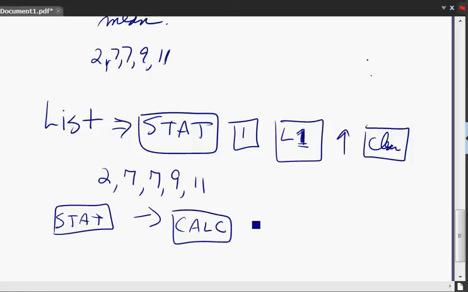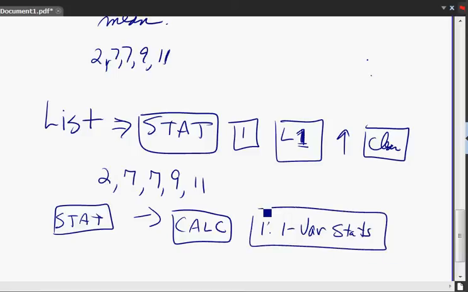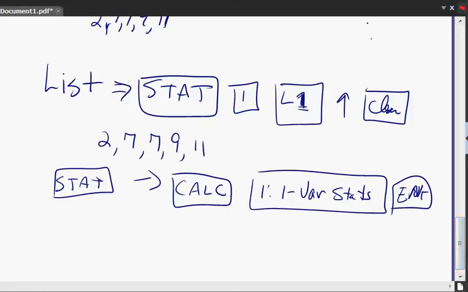And the one you're going to select is number 1, which is one variable stats, 1-Var Stats. So you hit the 1 or you just hit Enter. And then you have to hit Enter again because now it's come back on your screen.